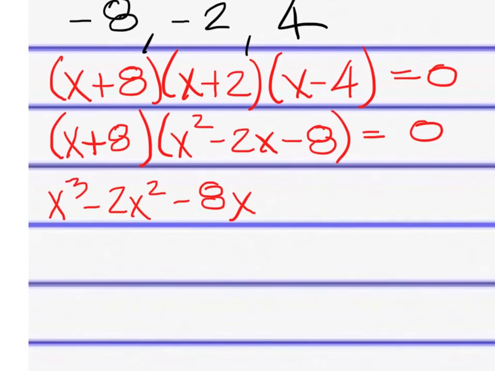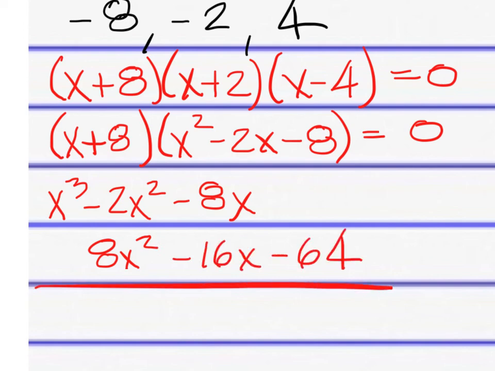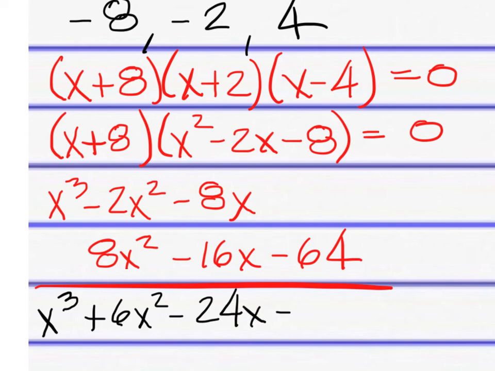And then going to the 8, I'll have 8x squared minus 16x minus 64. Adding like terms, I'll get x to the third plus 6x squared minus 24x minus 64 equals 0.